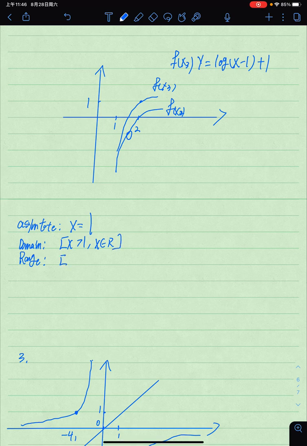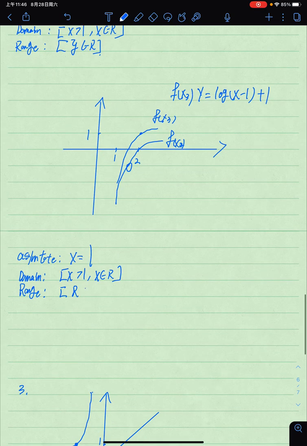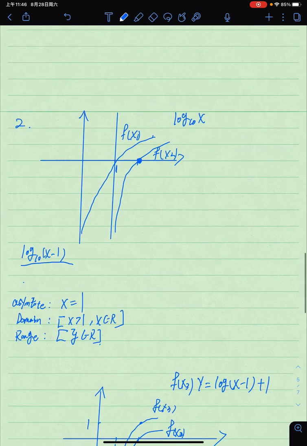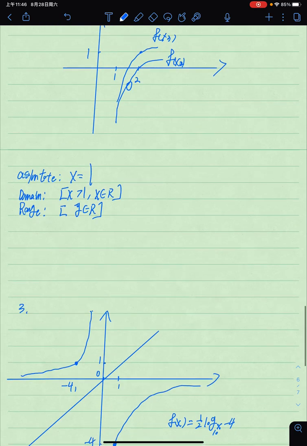We can see the range is also not changed, because it can also take all values. So y also belongs to real numbers. Let's check that for a minute. Yes, there's no mistake up to here.